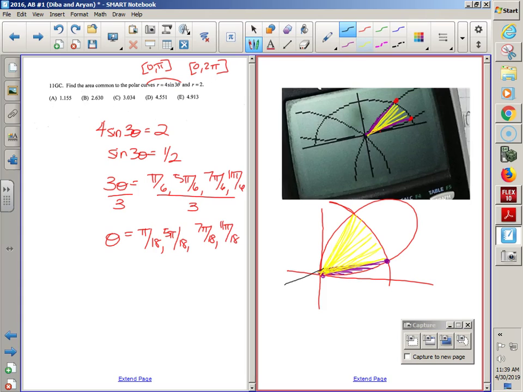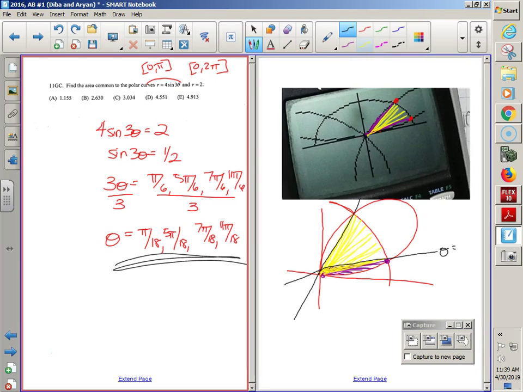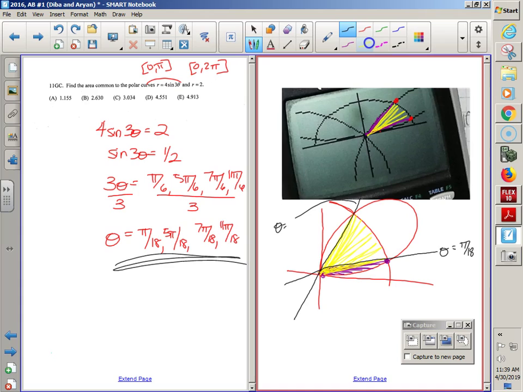What we just found is that this theta line is going to be theta equals pi over 6. And then this theta line, this next intersection point, not pi over 6, lo siento, pi over 18. According to these points that I found over here. So I have pi over 18. This one is going to be theta equals 5 pi over 18.